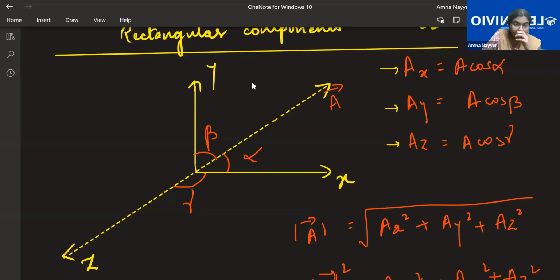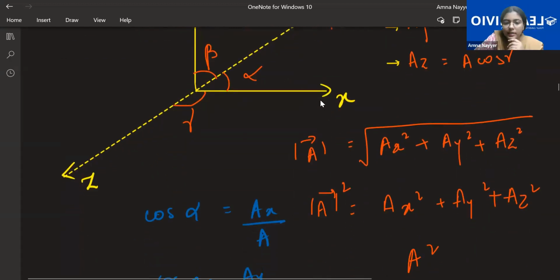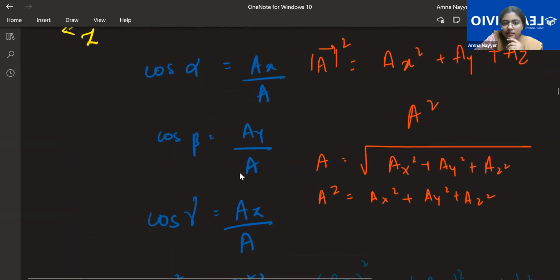Similarly, when we are talking about the y-axis, this will be a cos beta. This will be a cos gamma. Till here it's clear? Okay. Now from here, if I write the values of cos alpha, cos beta, cos gamma, what will it be? Right?